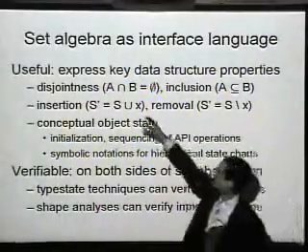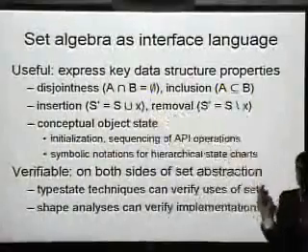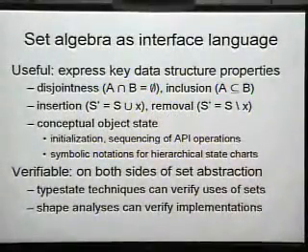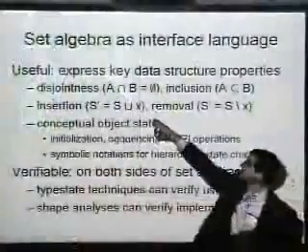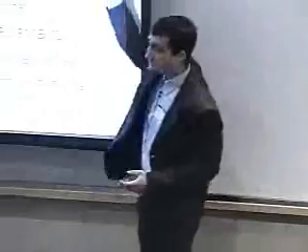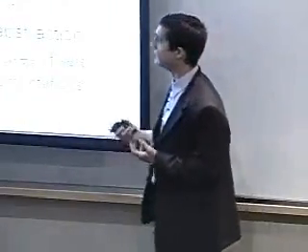So we can talk about two data structures being disjoint, one being included in the other, or we can also express some more precise properties like insertion into the data structure or removal. And so this is why we think that this specification language is both useful and verifiable.